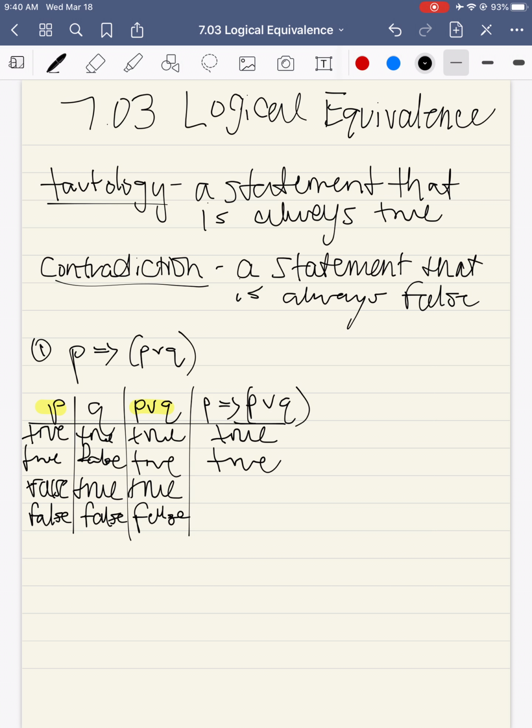False implies true, that is true. And then false implies false, that is also true. So since this whole column is all true, this meets our definition of a tautology. So we can say that P implies P or Q is a tautology.